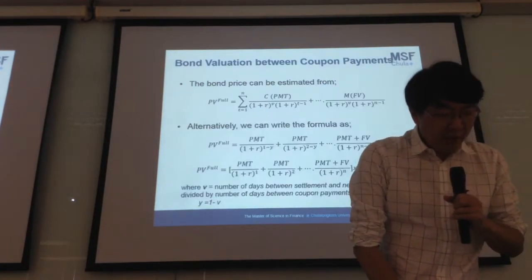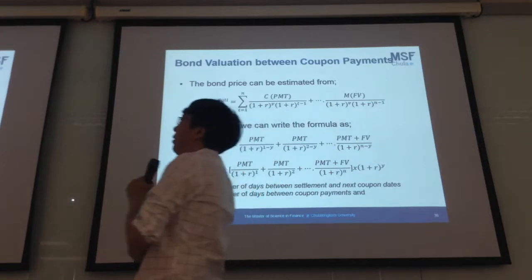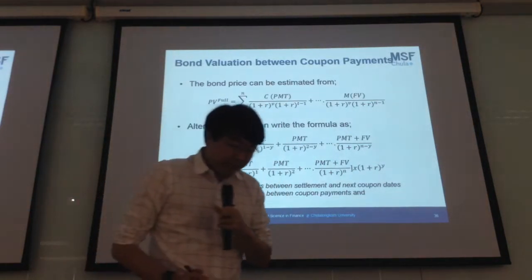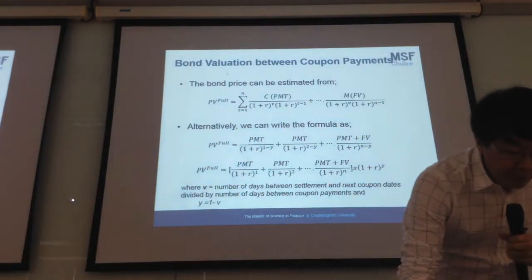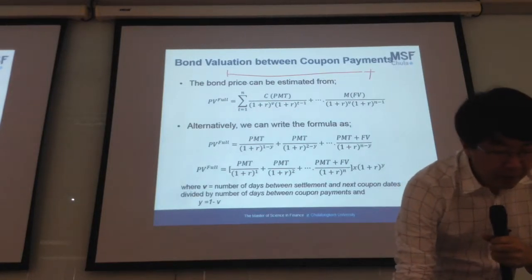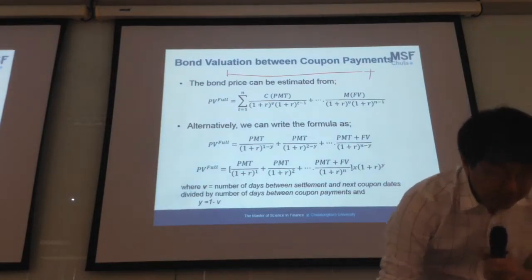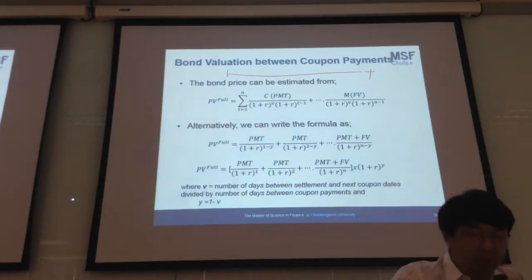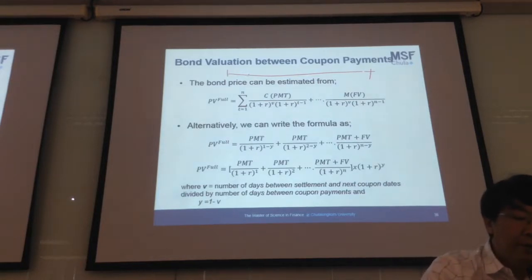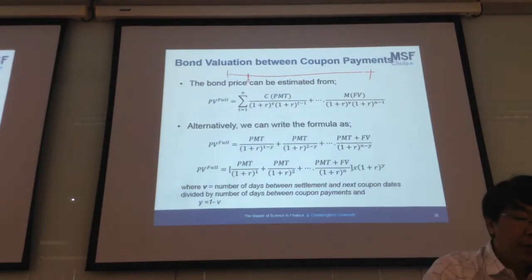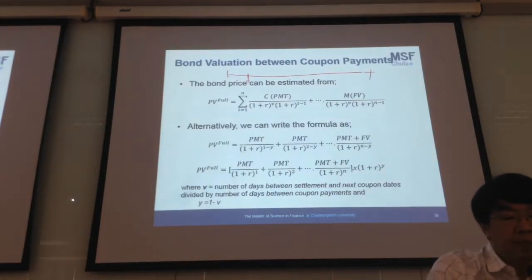Let me talk about how to price a bond first. Suppose you buy the bond at this time. This is the last coupon payment. Let me use exact dates.